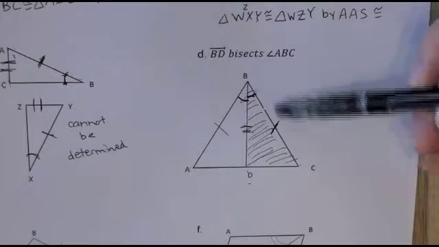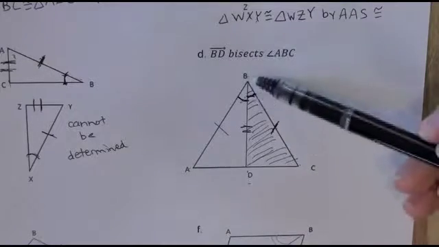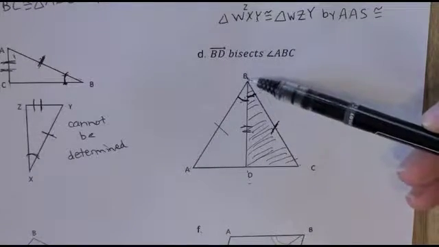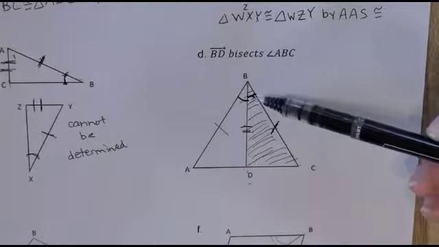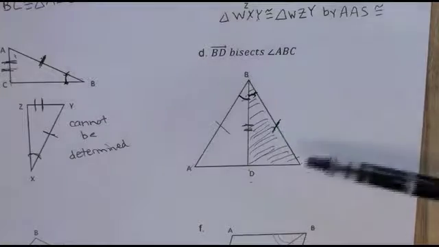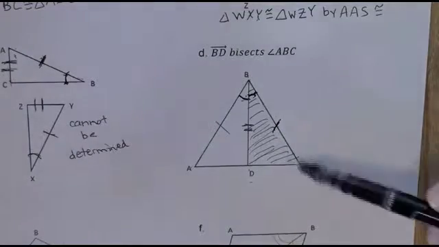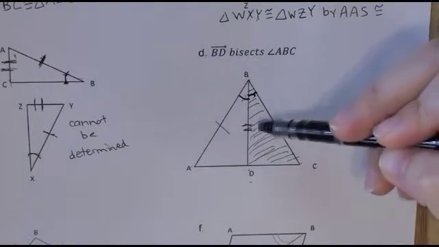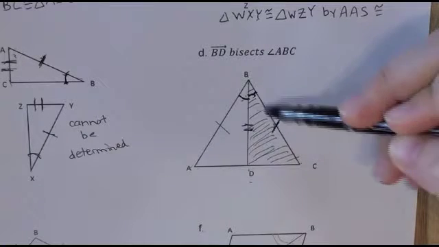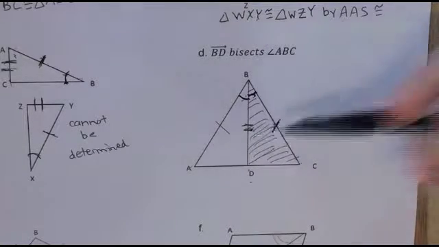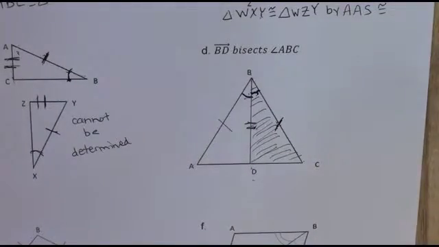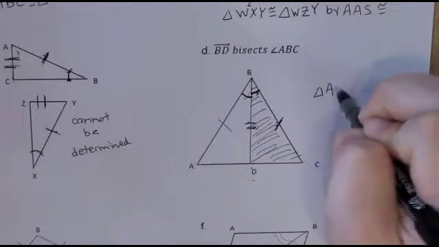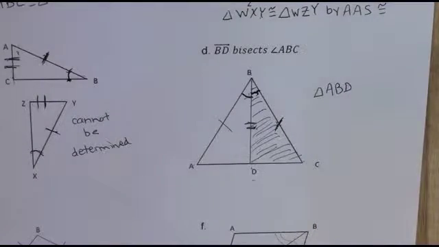Well, if you look at the side BC and you look at the side BD, the angle that is between them is angle B, and that's the one that's marked congruent. This is side, angle, side. So we can state the congruency statement, and we start with whichever triangle we want. Triangle ABD.